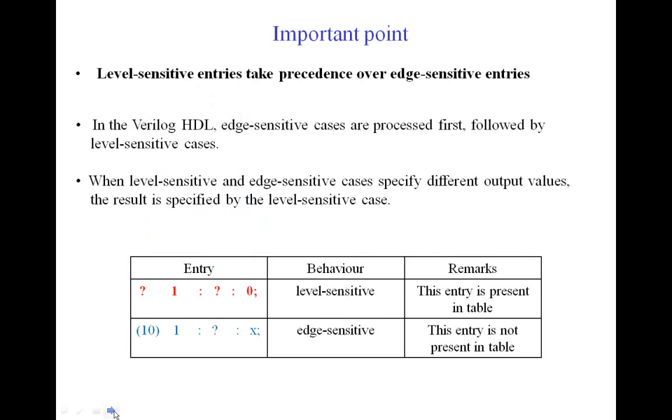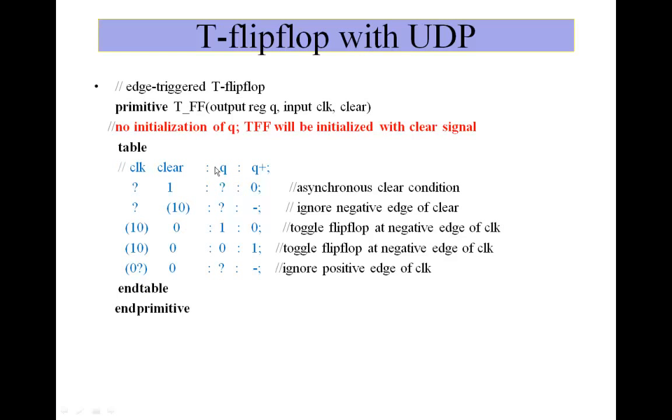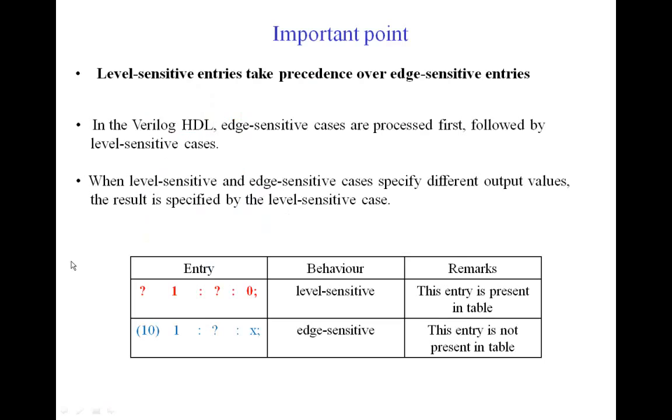Here this entry is not there in the table. So you are trying to test that behavior of the T flip-flop. In that case, for a given time interval, suppose you are giving a negative edge transition on the clock, and clear is 1. So what happens then?